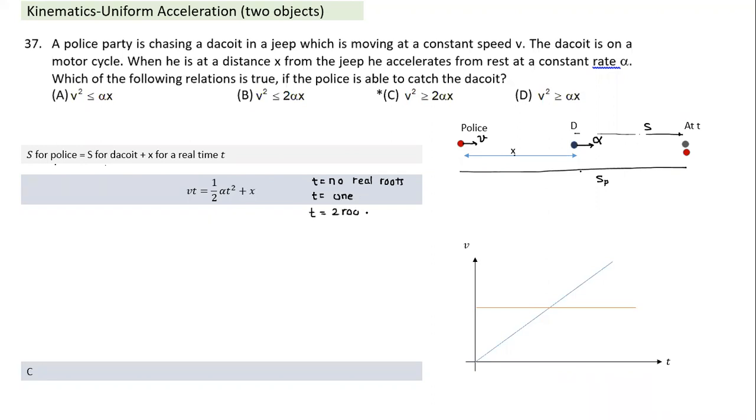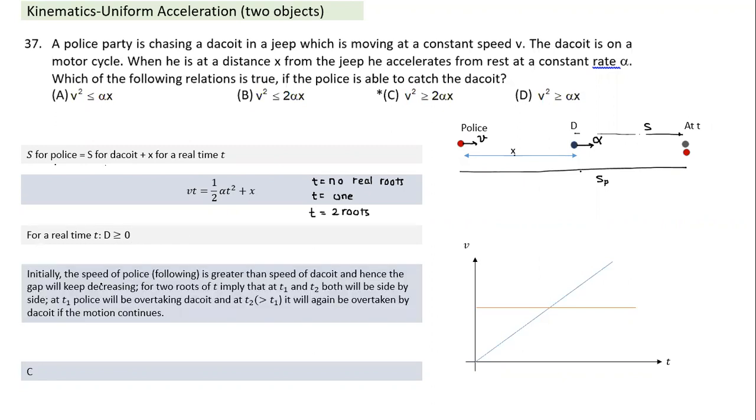So which condition will make that happen? For the police to catch him, t should be real. If t is real, it means the discriminant should be greater than or equal to 0. That's the condition.